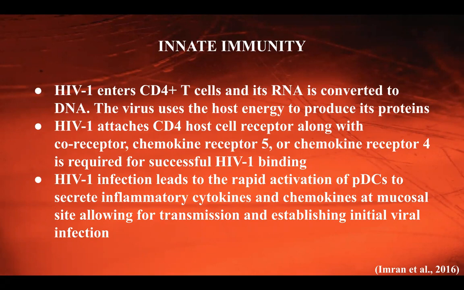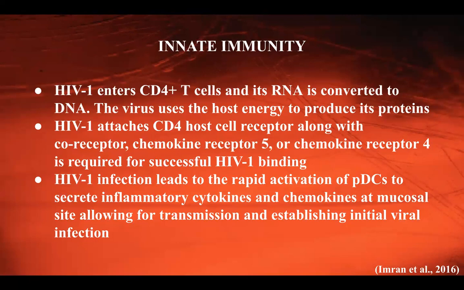With the host cell receptor CD4, a co-receptor, chemokine receptor 5 or chemokine receptor 4, which are all required for successful HIV-1 binding. HIV-1 enters CD4 plus T cells, where its RNA is then converted to DNA using the host cell's energy to produce its proteins.